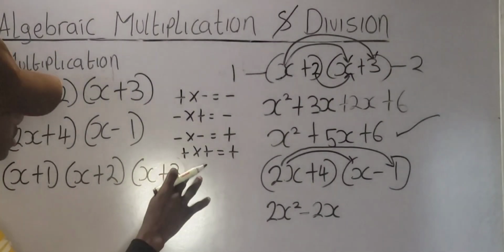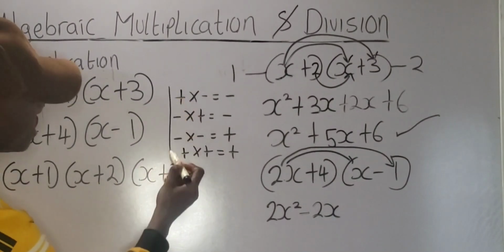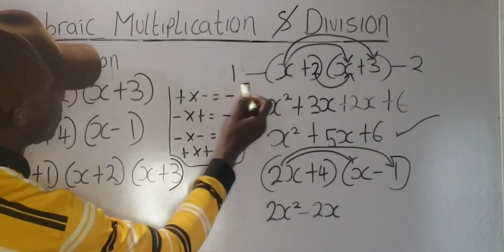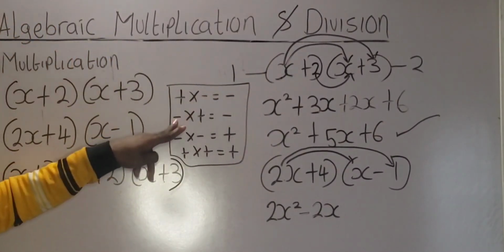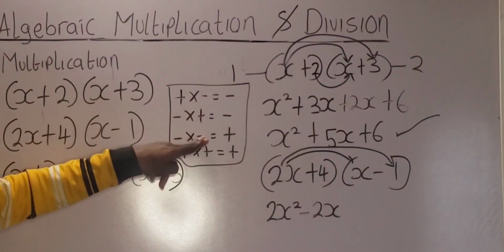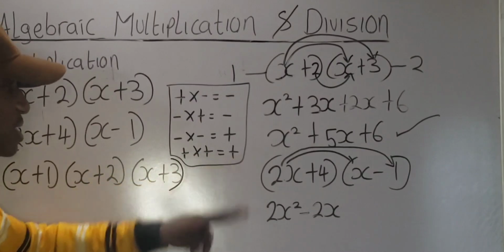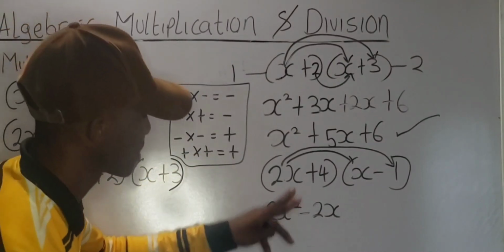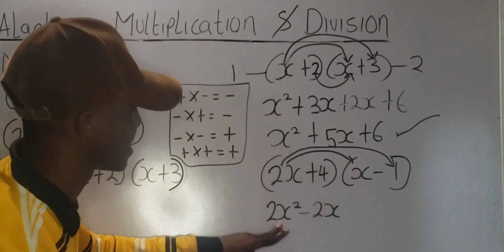It is important that you note this rule, okay? I want you to note this rule. Positive times negative, negative. Negative times positive, negative. Negative times negative, positive. Then positive times positive is what? Positive. Okay?